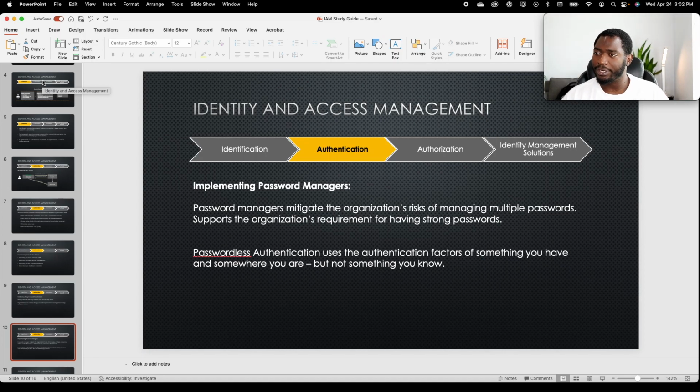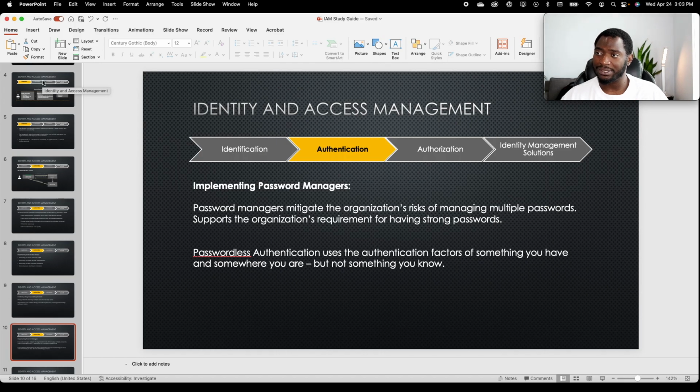It's very important that organizations also enable their employees to store their passwords securely. And this is where password managers are most useful, because a password manager helps you store multiple passwords, and that way you don't have to write down your passwords on a sheet of paper, and you don't have to remember multiple passwords.